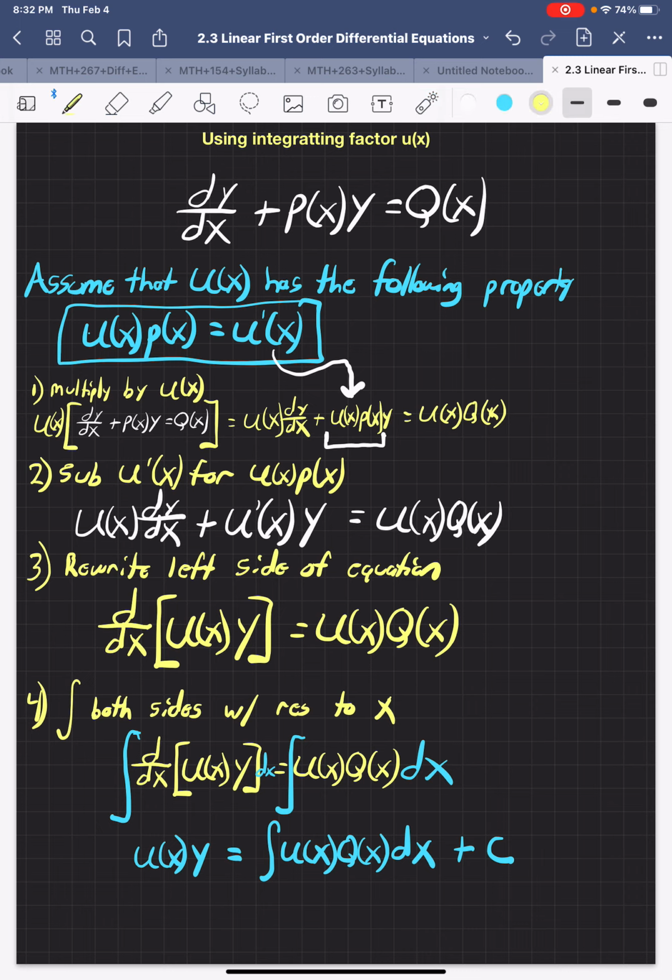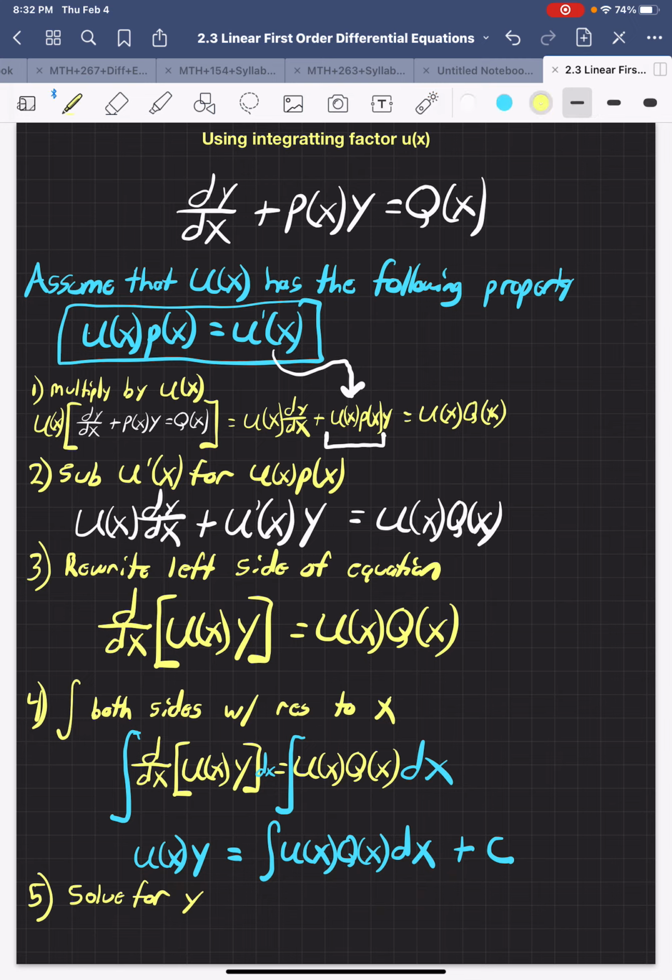The last step, remember I started with the goal. The goal was to solve for y. So this last step is just simply solve for y. And that's easy. You just divide this side by u of x, divide this side by u of x. Okay?